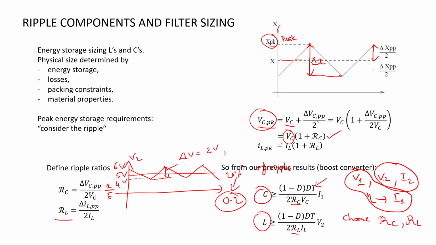Next week I'm going to show an Excel table that shows the process, the steps you need to take to compute the size of filter C and L. Then you can make an experiment on the boost converter that we built from scratch.